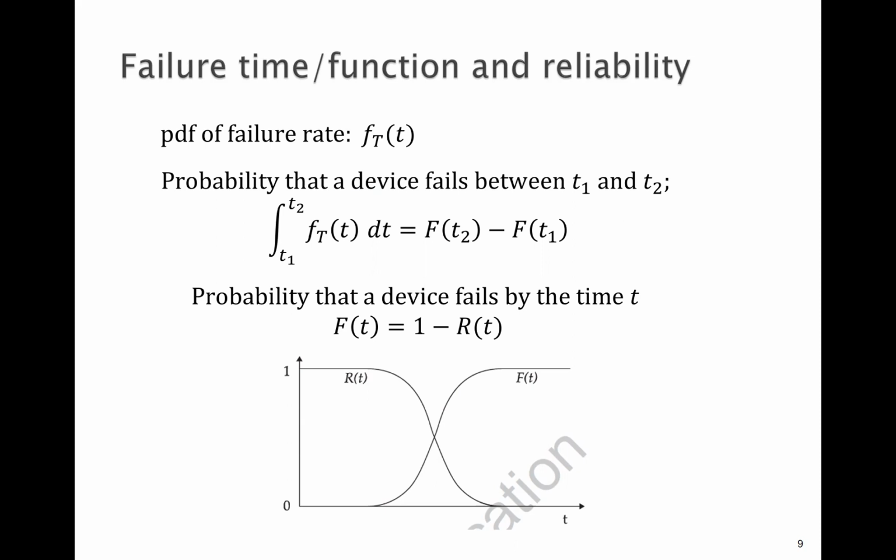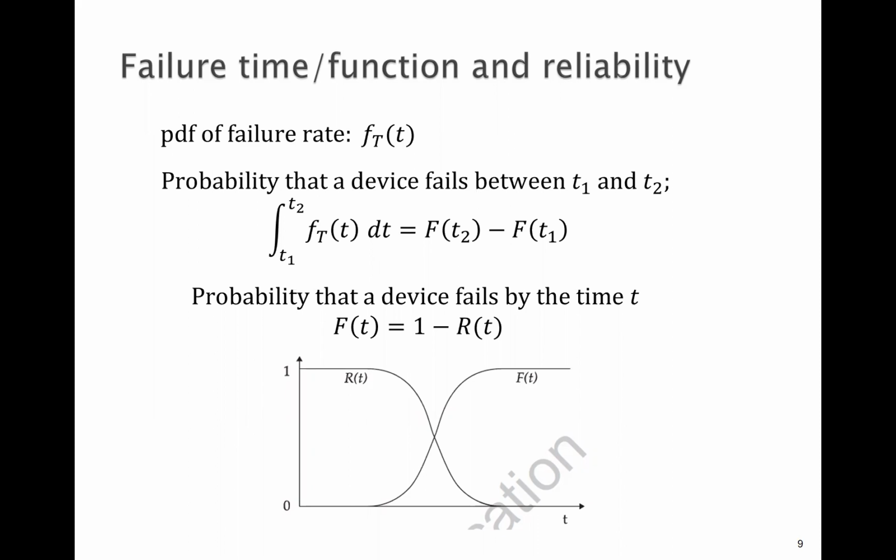And this corresponds to the CDF of failure at T2 minus the CDF of failure at T1. Then the probability that the device fails by the time T can be derived as 1 minus R of T. So simply failure and reliability are inversely proportional.